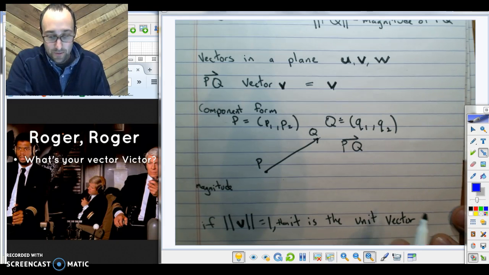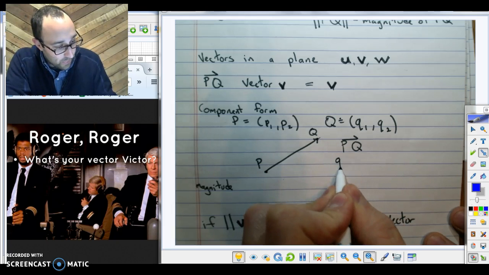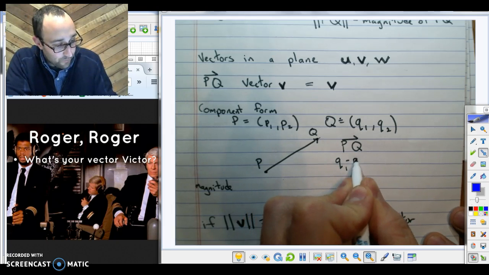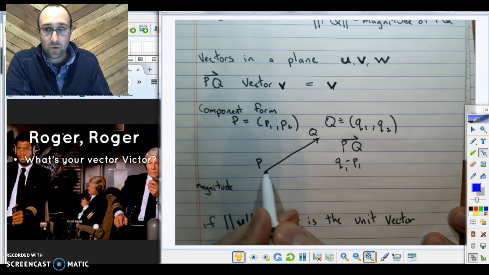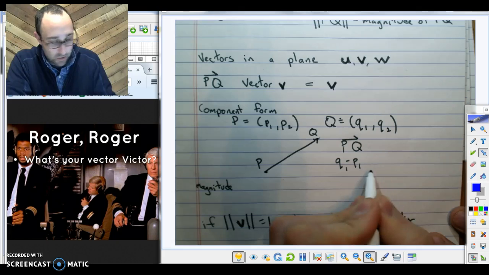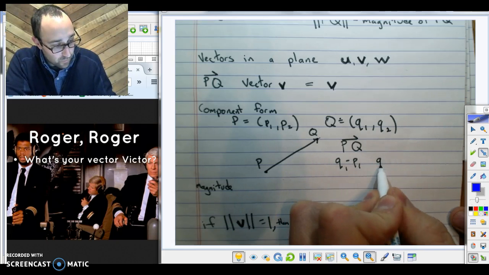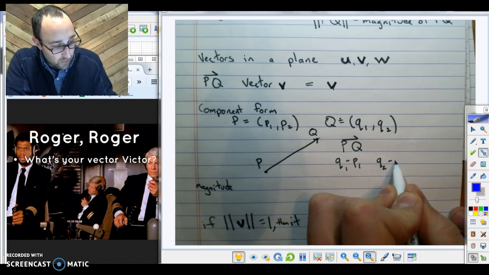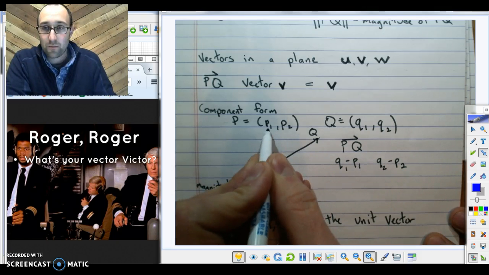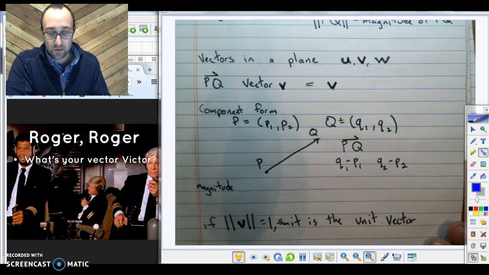So we're going to do Q1 minus P1. I'm going to find the difference in the x's. And then the other part is going to be Q2 minus P2, right? P2 is y, Q2 is y. So it's just like finding the differences.